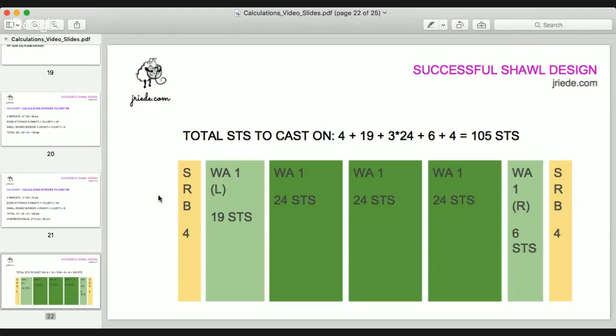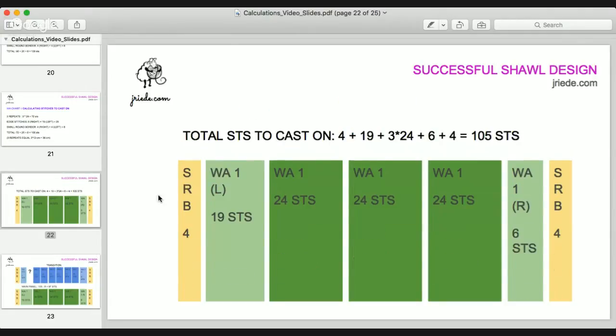So this is the basic layout for this shawl. This is one of these building blocks I talked about earlier, very similar to the pink, blue, green picture I showed you in the beginning. This is the building block for one repeat of this White Atlantic 1 chart section of the stole.